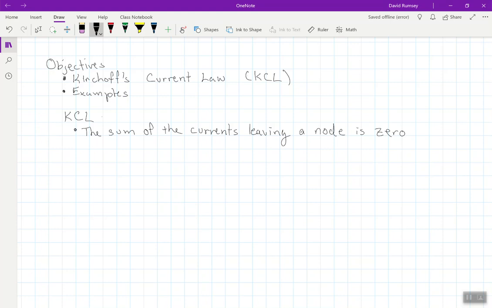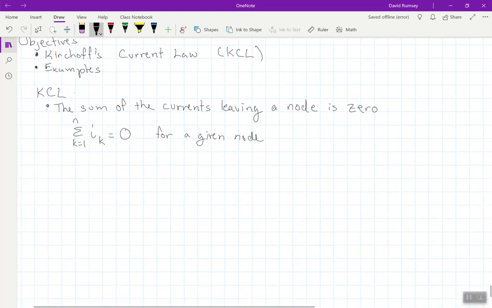Now, shorthand notation that we can use is the summation symbol here, saying if I sum up the current from k equals 1 to n of I sub k equals 0 for a given node. Now again, this is assuming that the currents are all leaving a node.